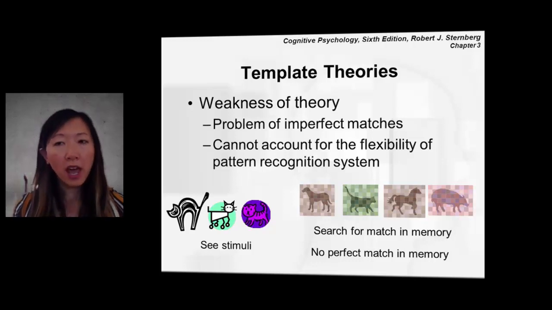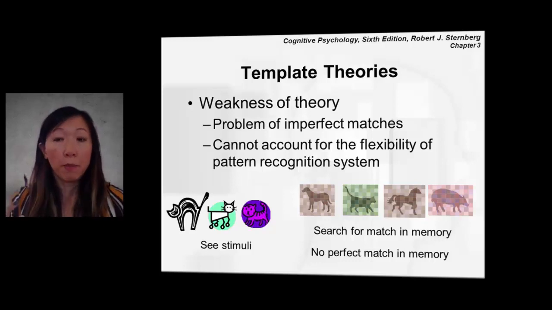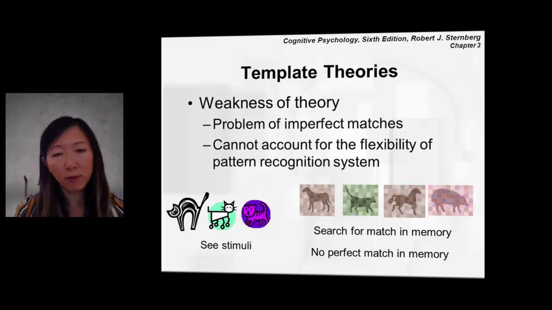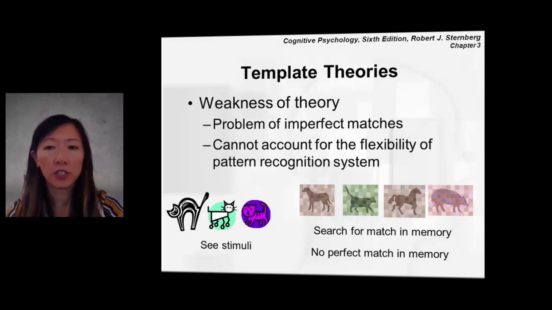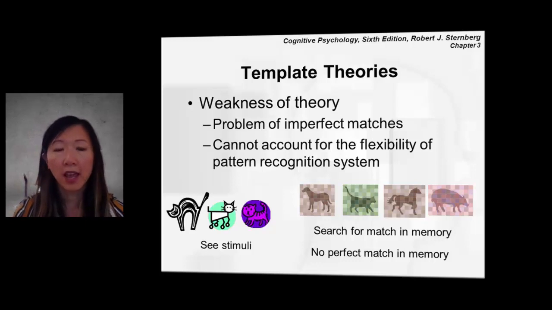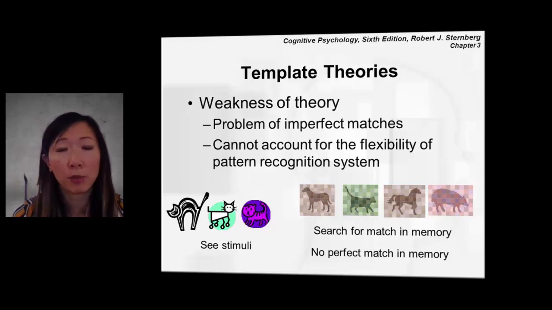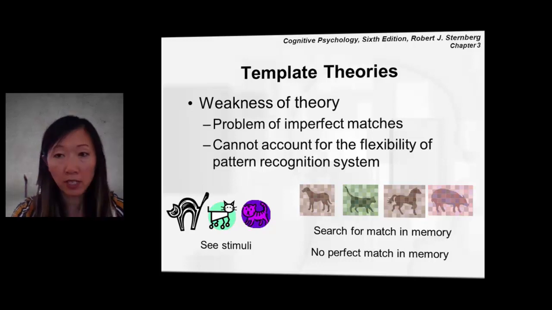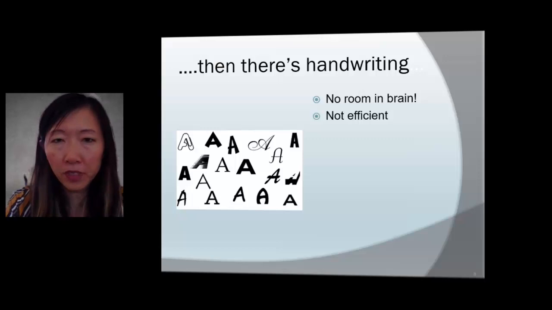If we saw a picture of a cat, or a cartoon of a cat, or a cat without fur, we don't have that exact match in memory. We're not going to know what that is, and we would have to have so many templates in order to actually find and recognize it. So that's a problem. We don't have the capacity to store that many templates.